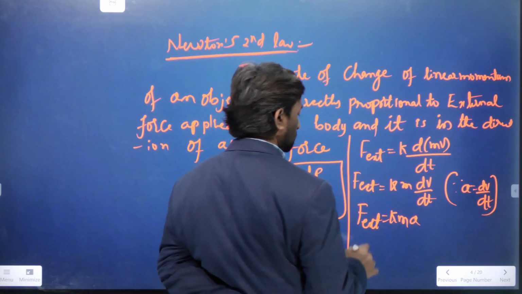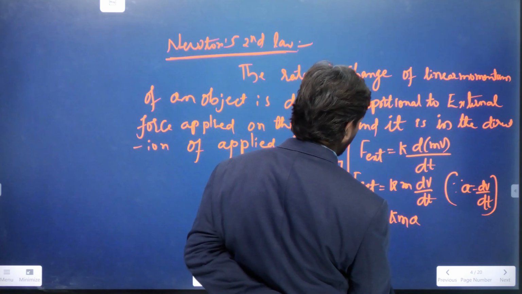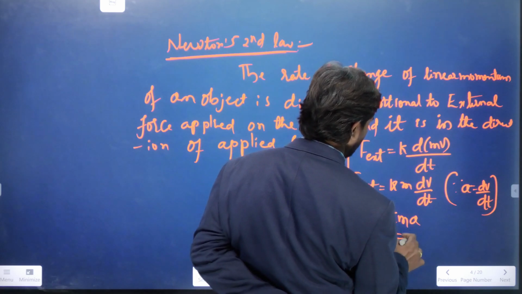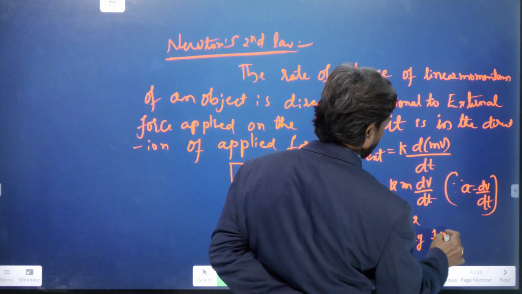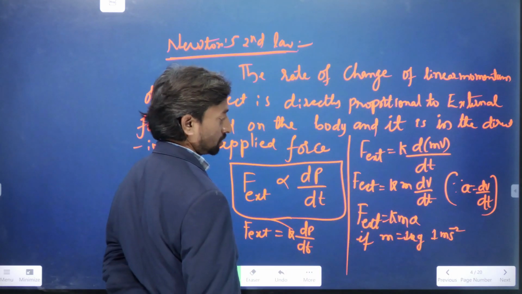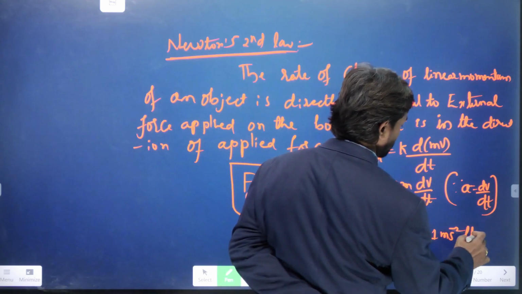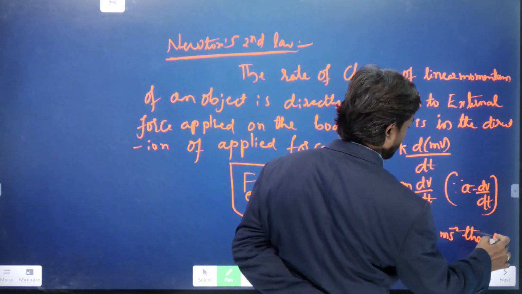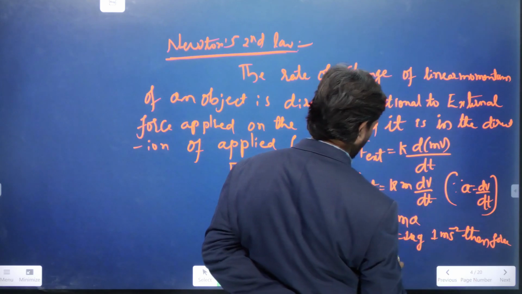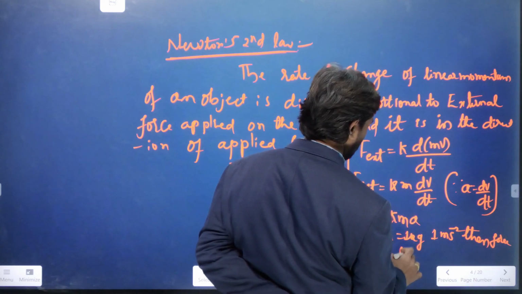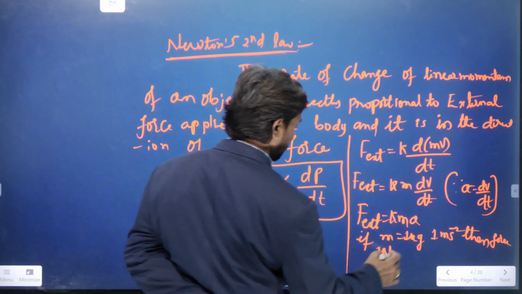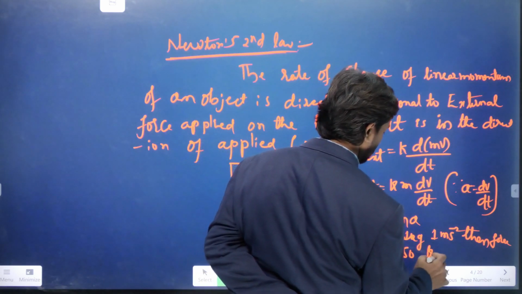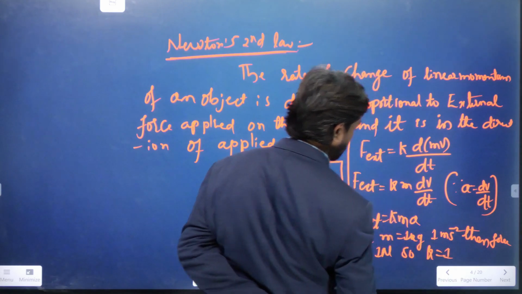Suppose m is equal to 1 kg, the mass of the body, moving with 1 meter per second square acceleration, then the force acting on the body is said to be 1 Newton. So the k value is given as 1.